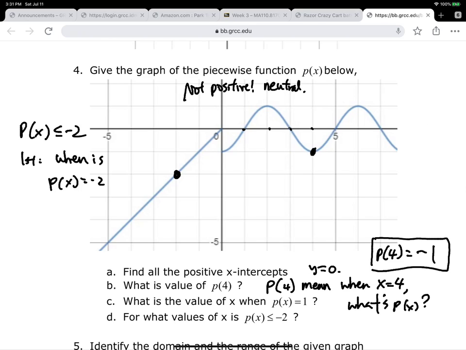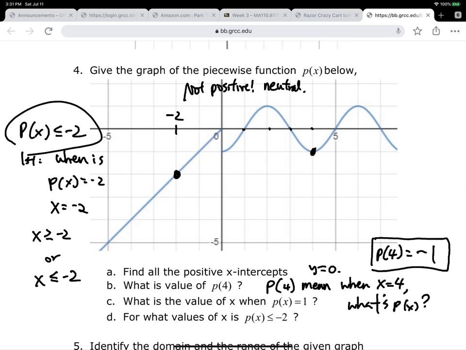So this happens at x equal -2. Okay, so from here you have two choices. To figure out the inequality, you have either x is greater than or equal to -2 or x is less than or equal to -2.